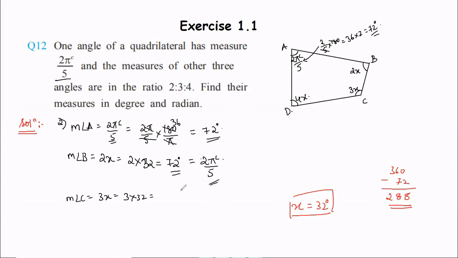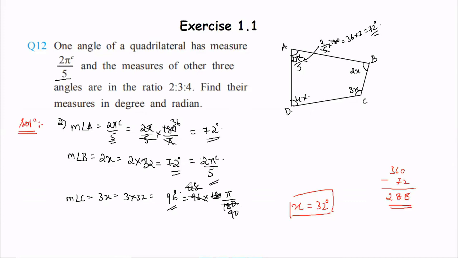Now measure of angle C is equal to 3x, which is 3 into 32. That will be 96 degrees. Multiply by pi by 180 to convert. Let's cancel it by 2 first: 48 over 90.